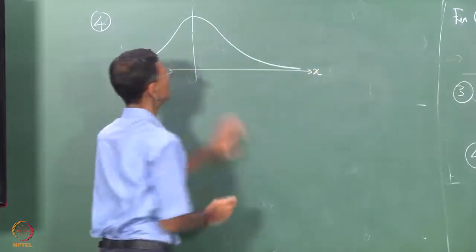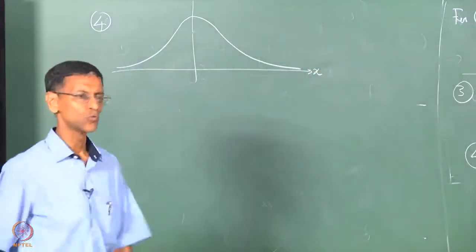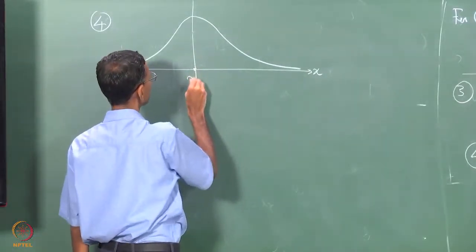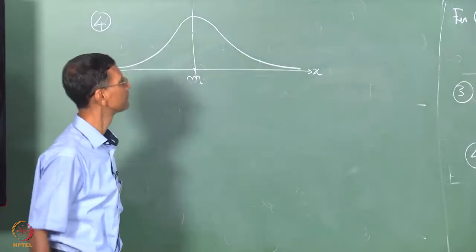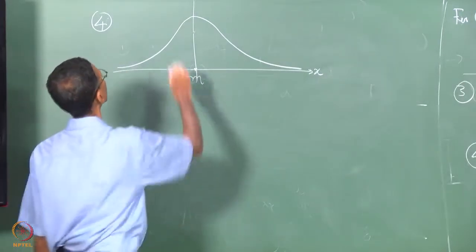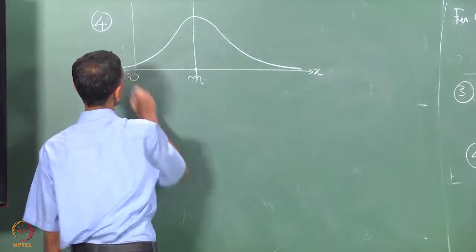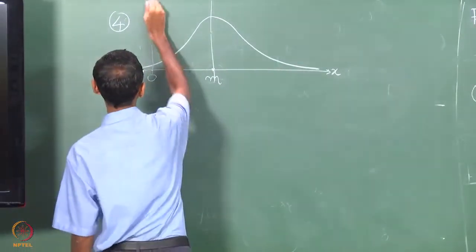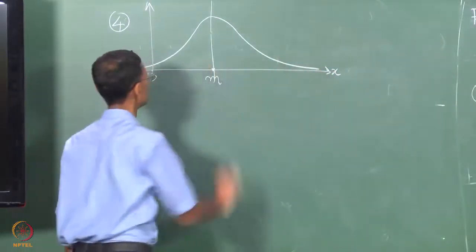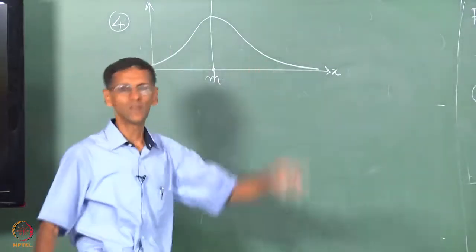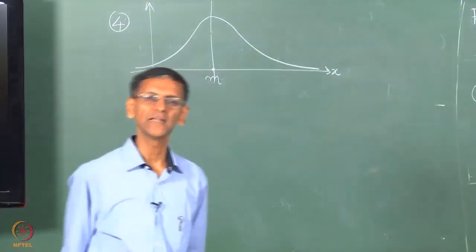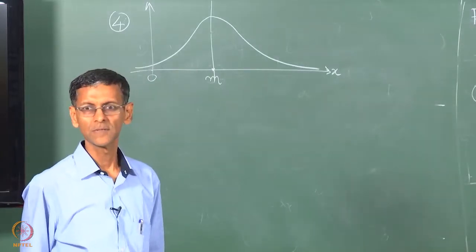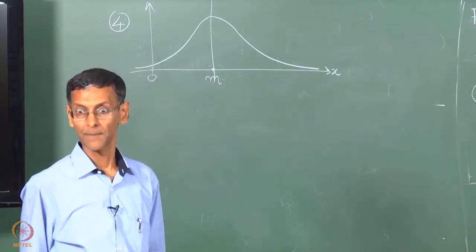Luckily, we don't do too much of this in this course. So occasionally, we draw pictures. This point of symmetry is M. So 0 can be anywhere. It doesn't matter. This can be 0 here. So the point of symmetry can therefore occur at any point on the real axis. Can be negative or positive. There is no restriction on that.